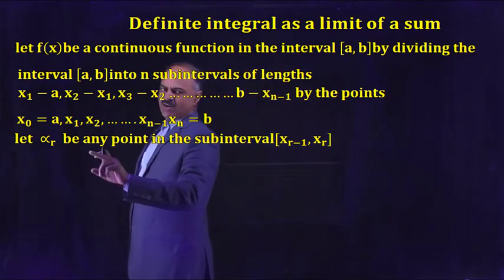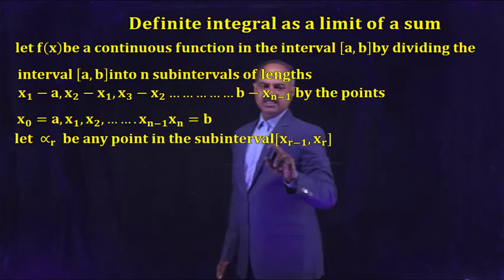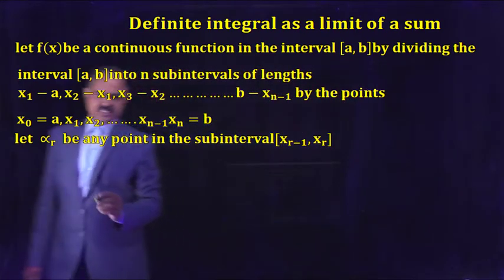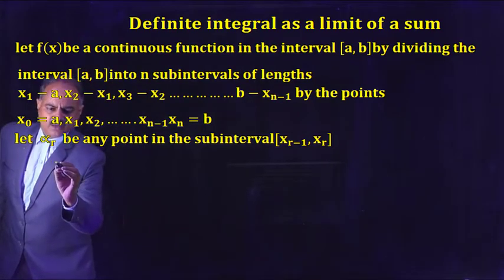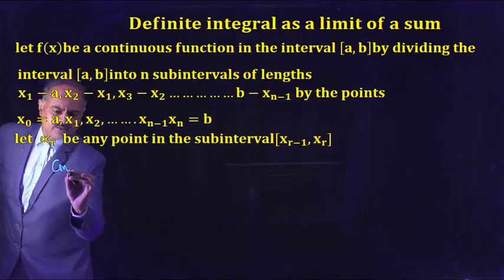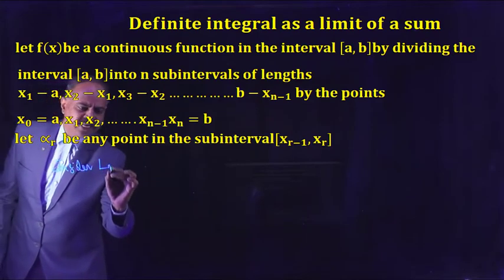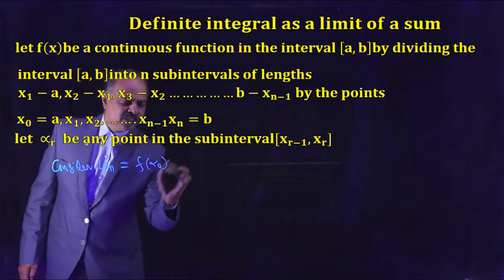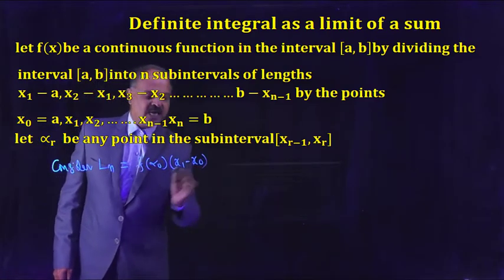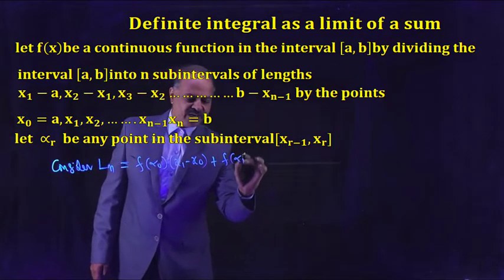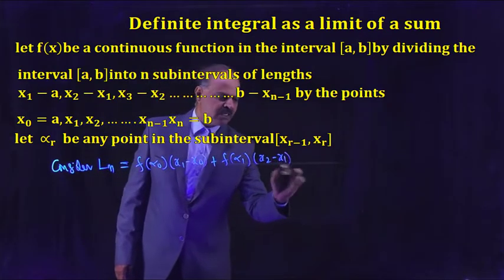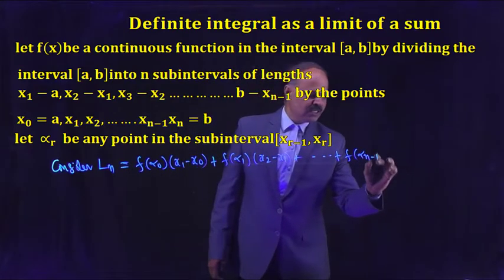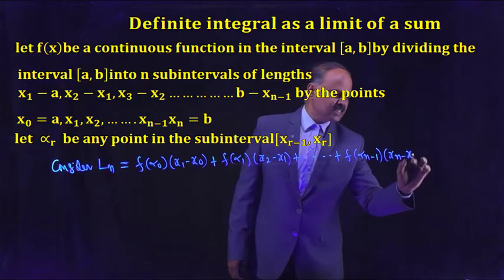Let alpha r be any point in the subinterval xr minus 1, xr. Consider the sum Ln equals f of alpha 0 into x1 minus x0, plus f of alpha 1 into x2 minus x1, and so on, plus f of alpha n minus 1 into xn minus xn minus 1.